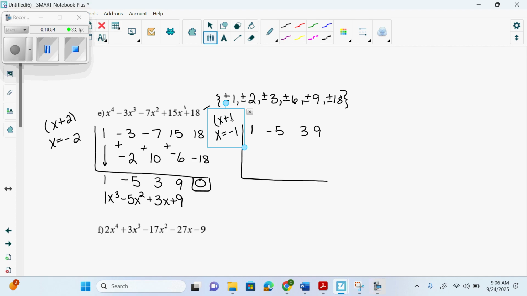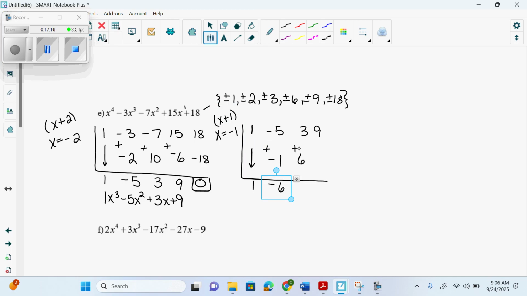If there's more than one, could we all pick a different one? Sure. You're just going to get different factors when you actually factor it. All right. So drop a 1. Negative 1 and 1 is negative 1. Add it is negative 6. Negative 1 times negative 6 is 6.